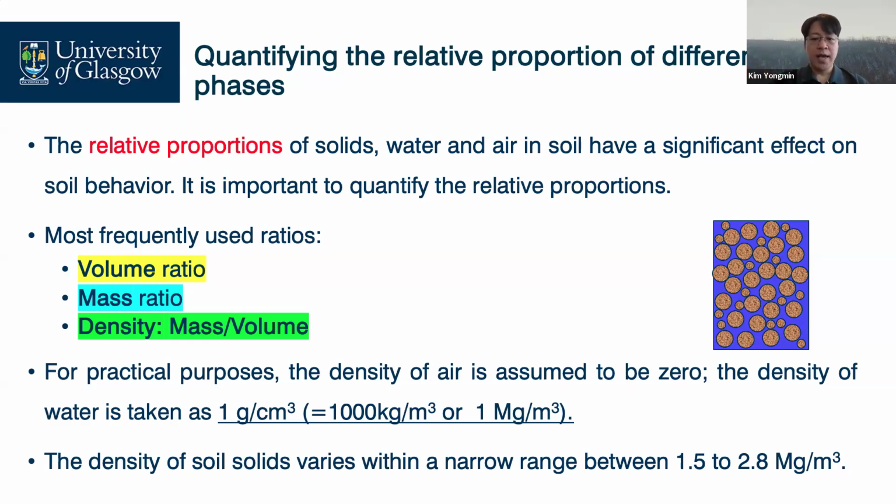Normally 0. And then mass to volume ratio, which is the density. So we are going to deal with soil density. Ensure that the density of air is assumed to be 0. And the density of water is taken as 1,000 kilograms per cubic meter, 1 gram per cubic centimeter. Okay? Very common sense.